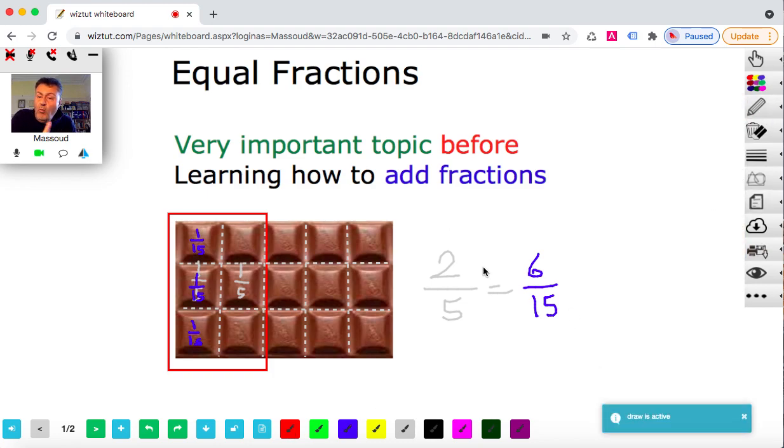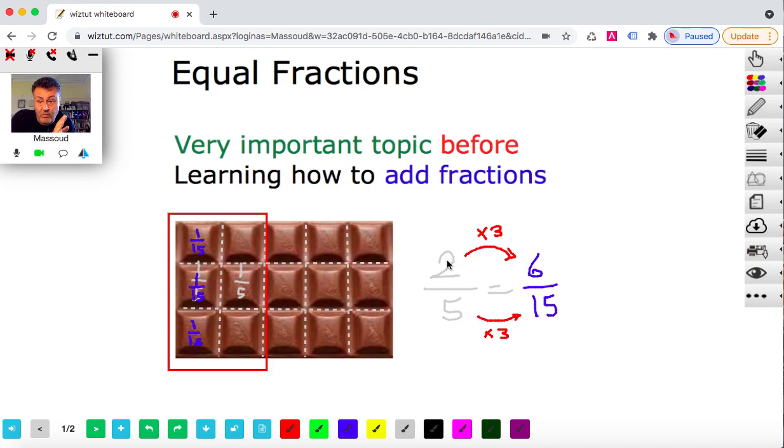The next essential part of this understanding is to see that one way of going from one fraction to its equal cousin is by multiplying the top and the bottom of the fraction by the same amount, by the same multiple. So it will be 2 times 3 gets us to 6, 5 times 3 also.